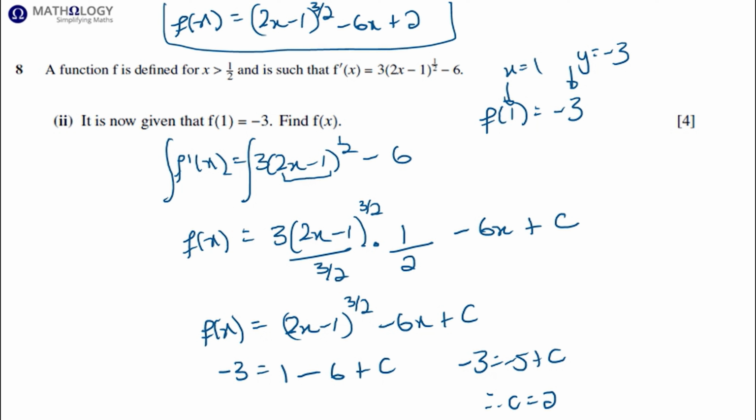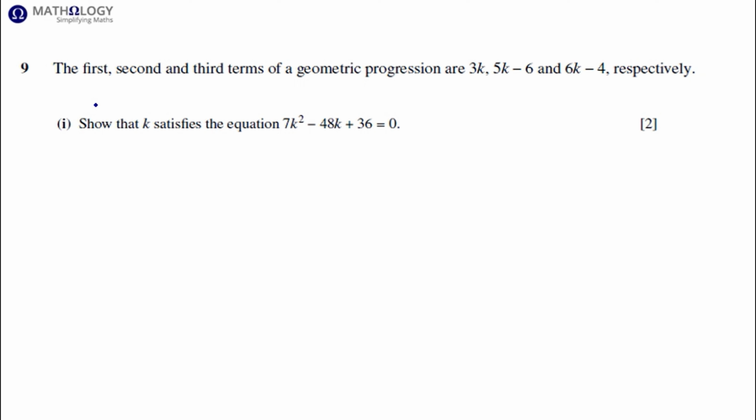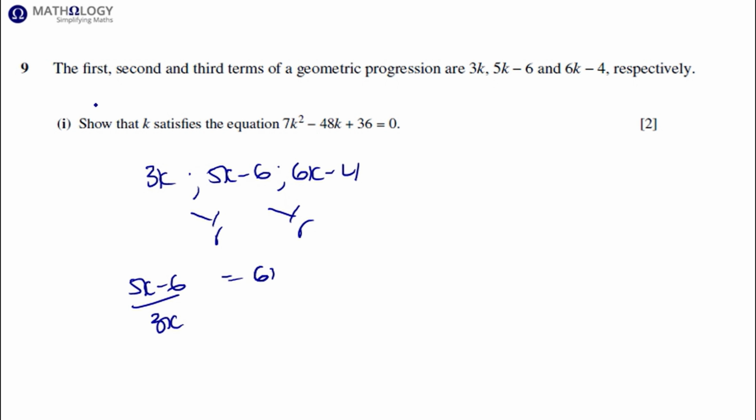The first, second, and third terms of a geometric progression are 3k, 5k minus 6, and 6k minus 4 respectively. Show that k satisfies the equation 7k squared minus 48k plus 36 equals 0. Okay, so these are the first three terms of a GP. That means there's a common ratio between successive terms. So (5k minus 6) over 3k equals (6k minus 4) over (5k minus 6).